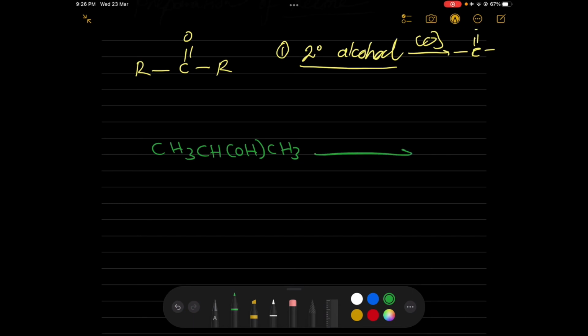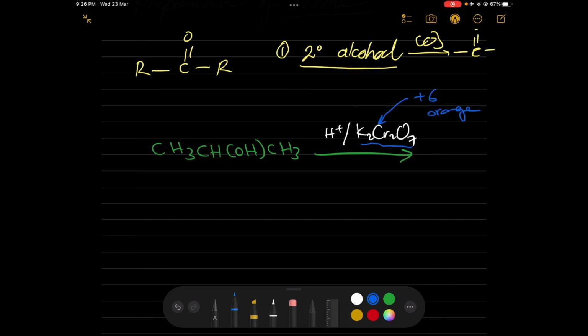The oxidizing agent that we're going to use is acidified potassium dichromate, K2Cr2O7. We just want to remind you the oxidation number of the chromium here is +6, and the whole compound here is orange.